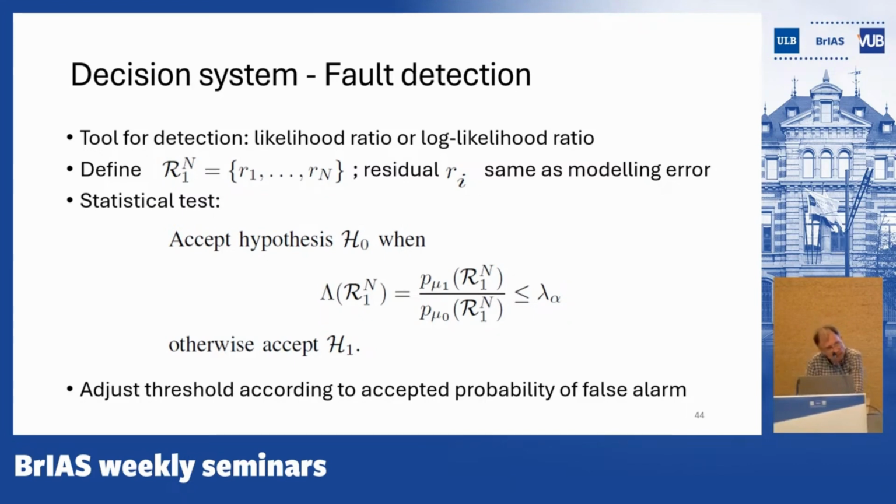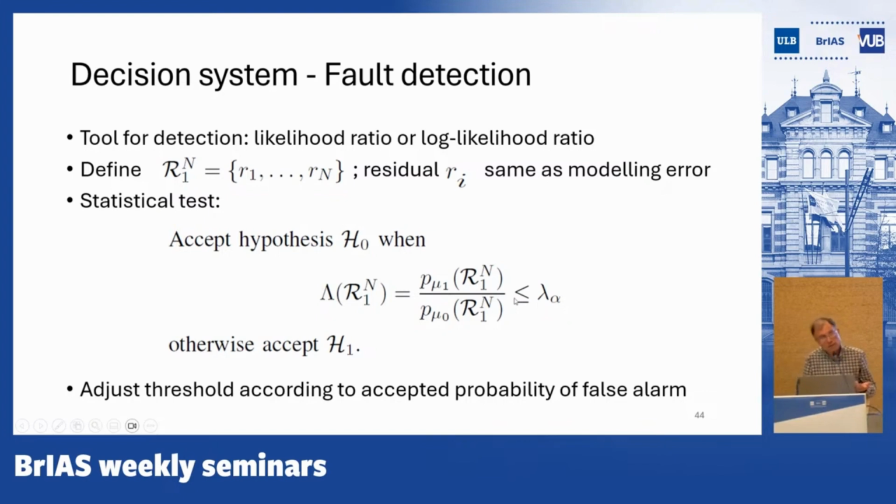So more precisely, if you consider the modeling error, which we call R here for residual, for a given time horizon, and if you consider that these samples are independent, you can easily compute the likelihood function in the presence of the fault and the absence of the fault.